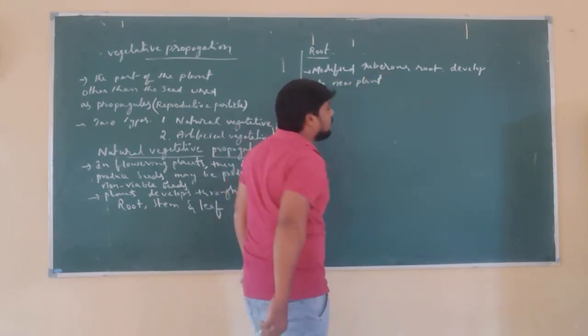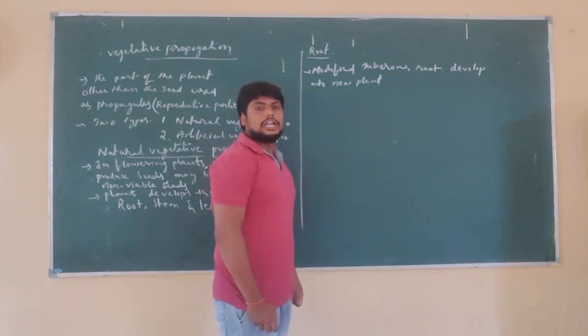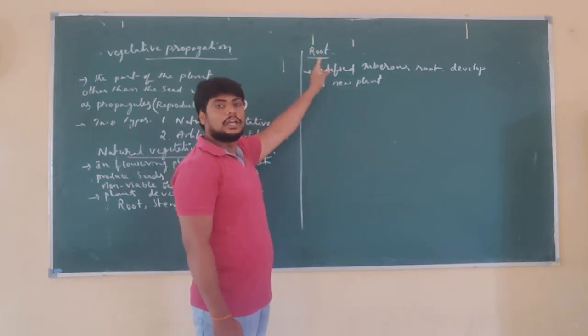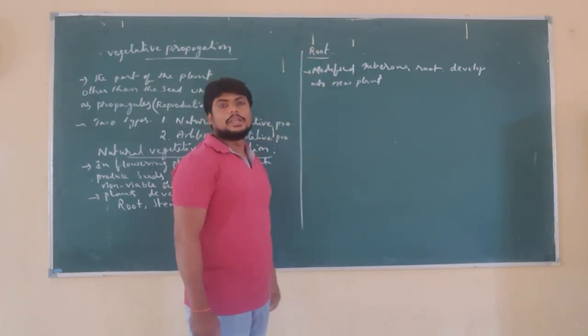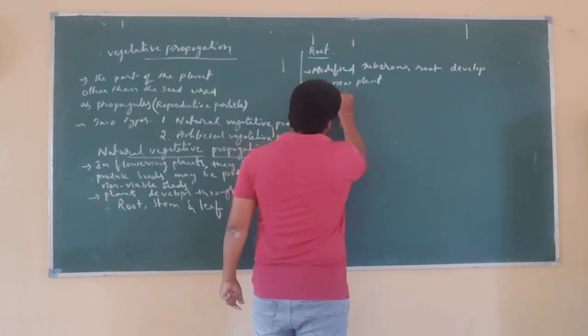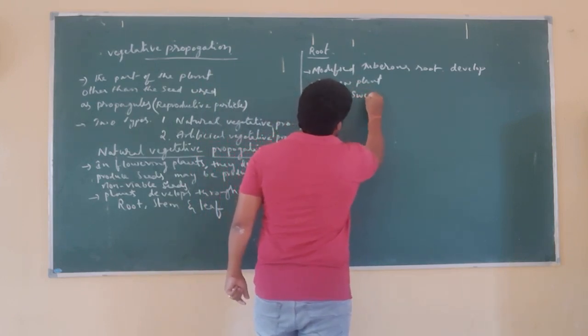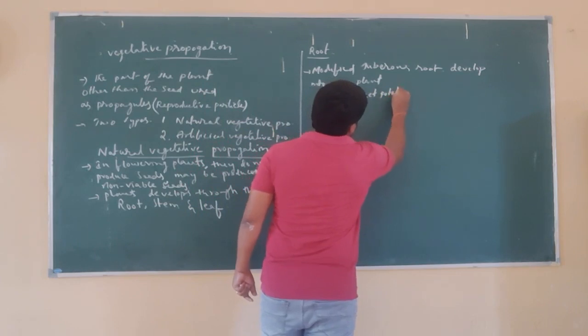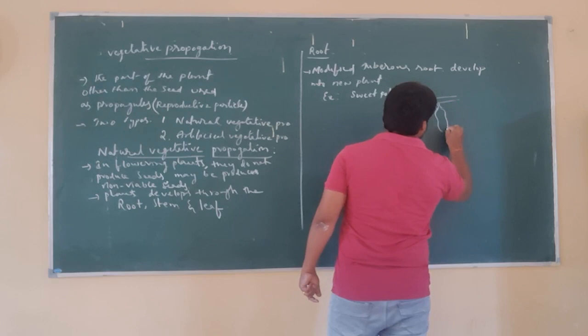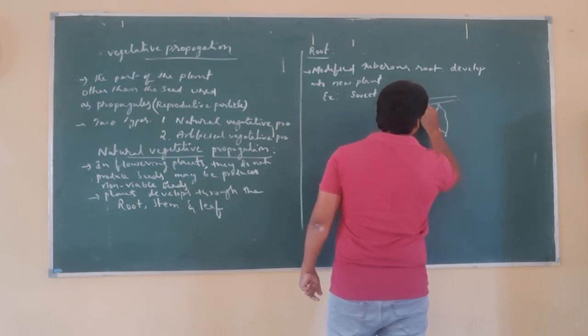The root itself is developing into a new plant. What do we call such growth of the plant through the root? Root vegetative propagation. This occurs, for example, in sweet potato. If you observe the sweet potato, the early roots are called radicals.